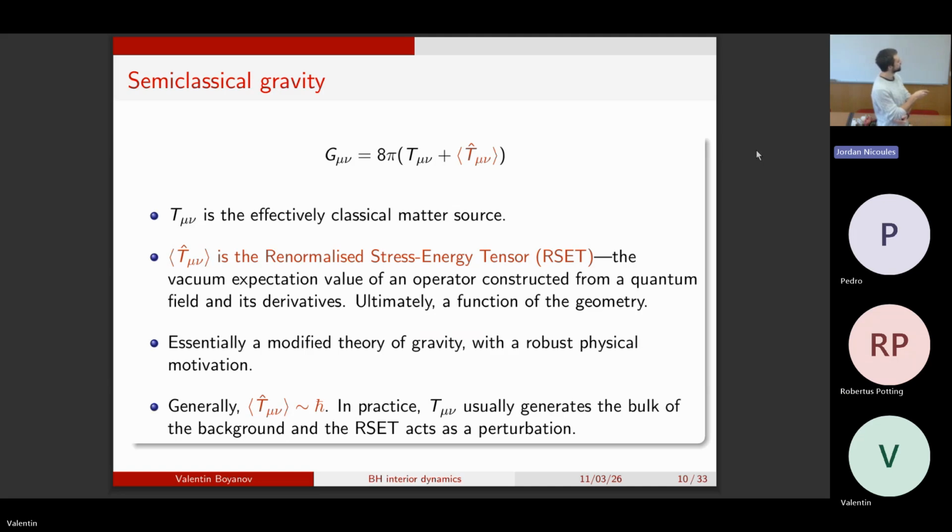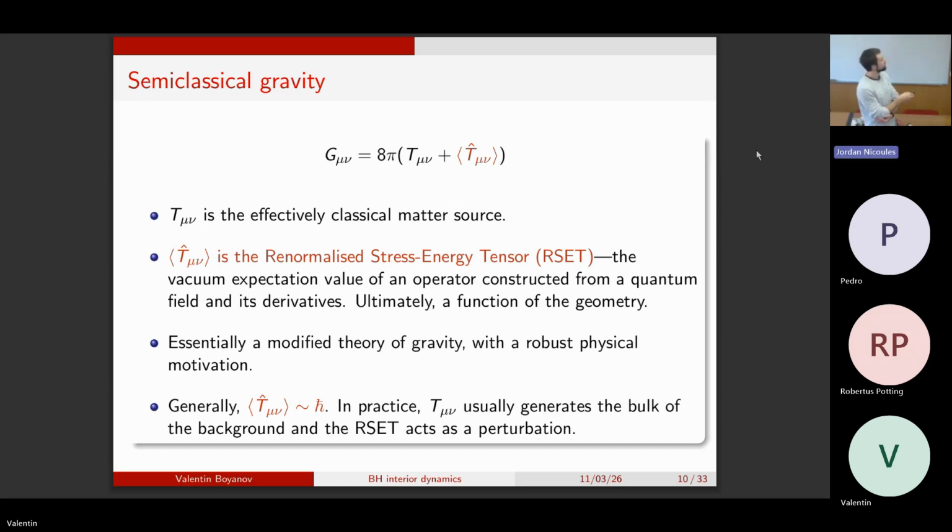But you add on top of it a contribution from matter that doesn't behave classically, effectively. And this contribution is the renormalized stress energy tensor, which is the renormalized vacuum expectation value of an operator constructed from quantum fields which live on the space-time.